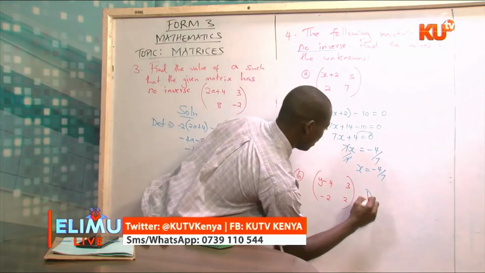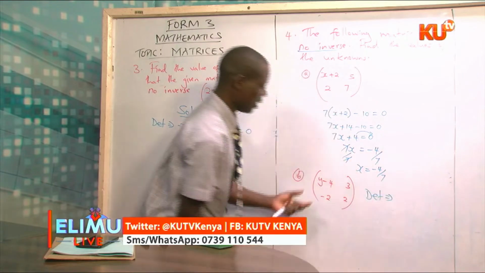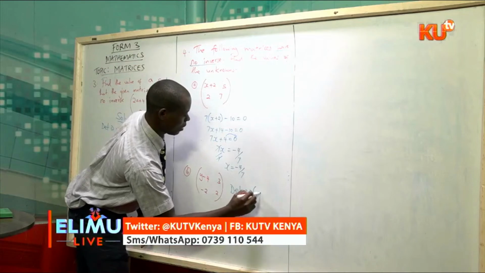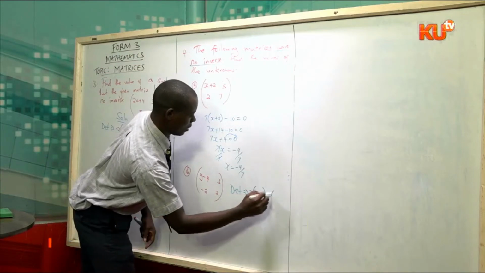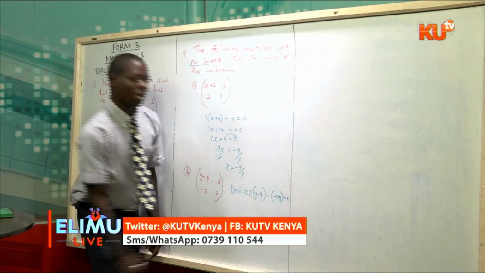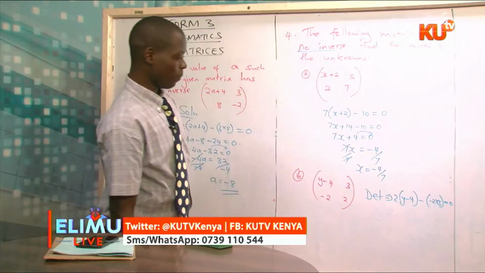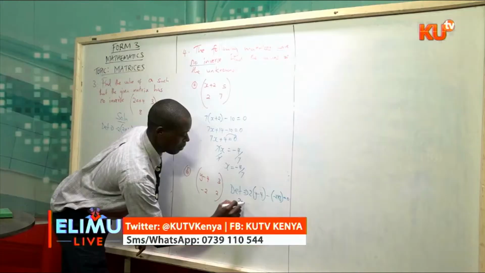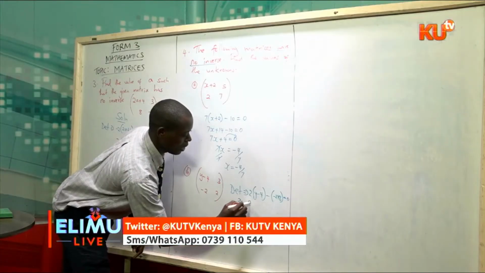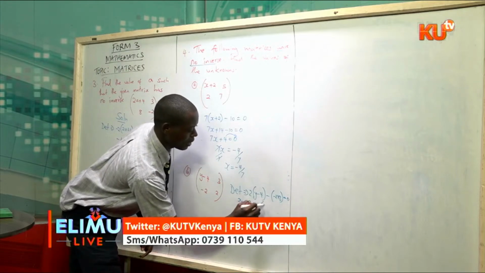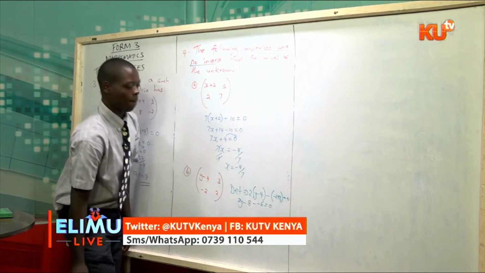The determinant again, students, will be leading diagonal 2 into y minus 4, then minus 2 times 3, and equate that one to 0. By expansion, this is 2y, 2 by 4, it's 8, minus 2 by 3, minus 6, and equate this to 0.